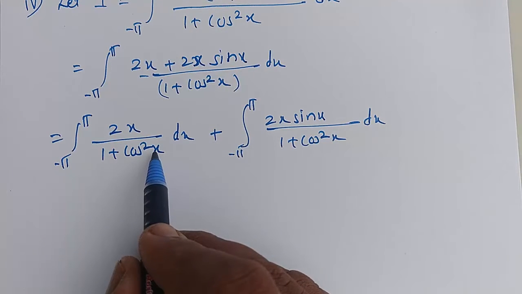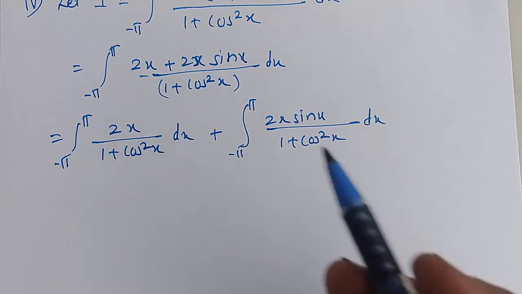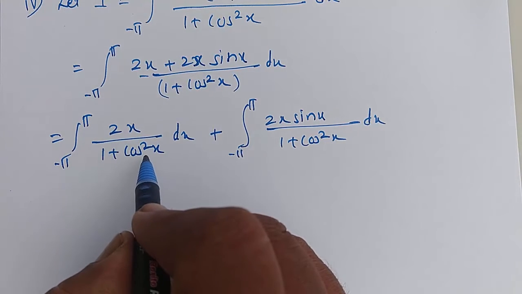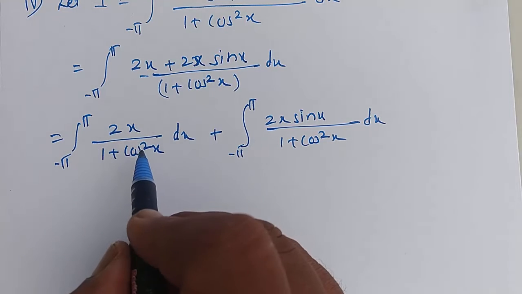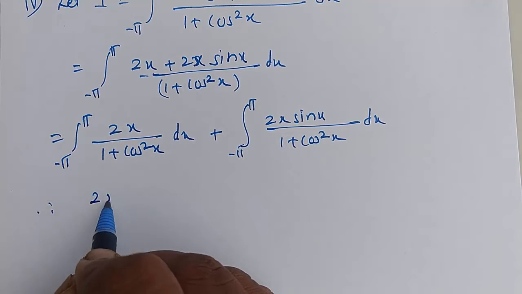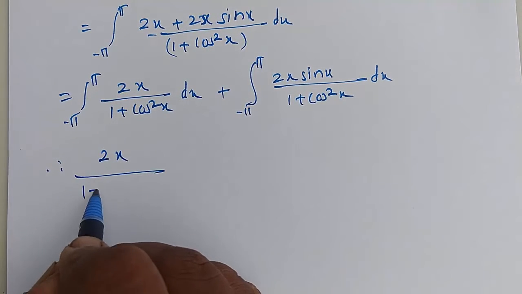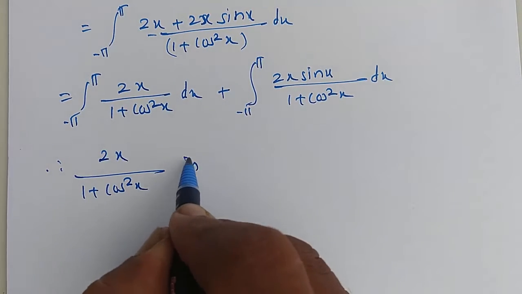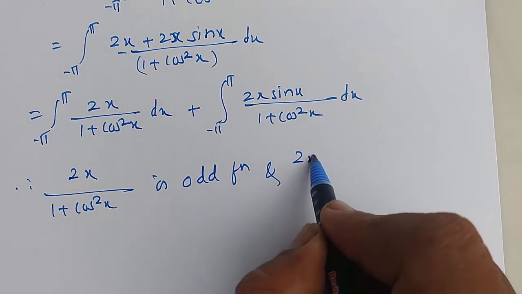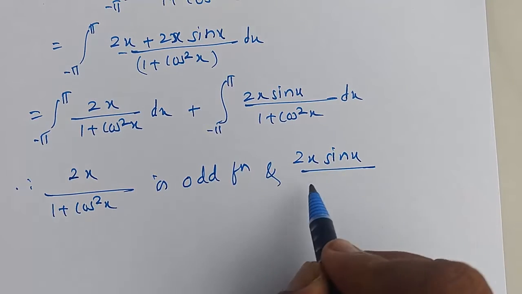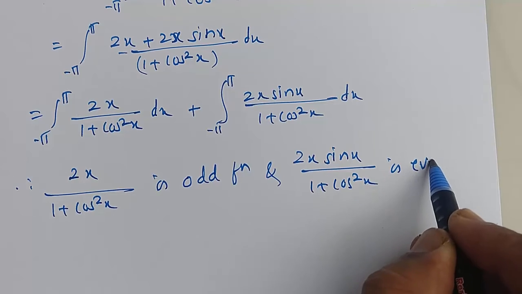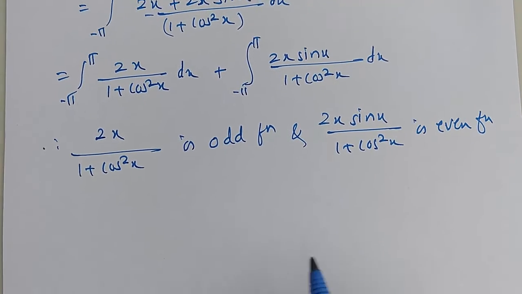Cos of minus x is equal to cos x, so there is no change in cos square x. So the first function is an odd function and the second function is an even function. Therefore 2x upon 1 plus cos square x is odd, and 2x sin x upon 1 plus cos square x is even.